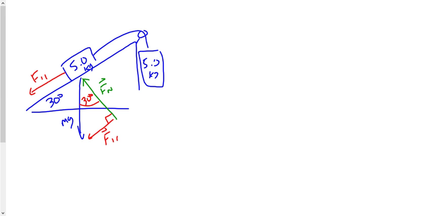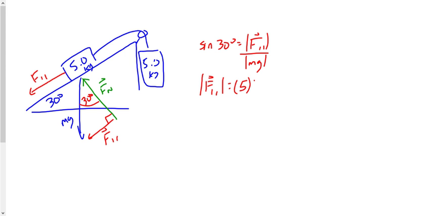So let's do that. Say sine 30 degrees is equal to opposite over hypotenuse. So we get F parallel is equal to 5 times 9.81 times sine 30 degrees. And that gives us, I think that was 24.525, was it?